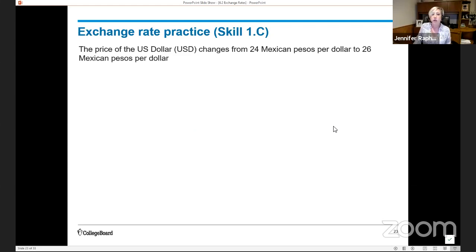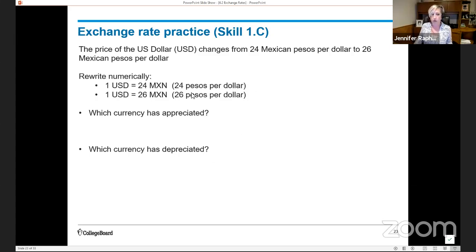Right? Here's another way you might see it written in words. It says the price of the US dollar changes from 24 Mexican pesos per dollar to 26 Mexican pesos per dollar. So how can you work with this problem? Well, my recommendation would be you turn it into an exchange rate using numbers, right? Because if we want to figure out which currency is appreciated and which currency is depreciated, we've used this kind of exchange rate to do that analysis.